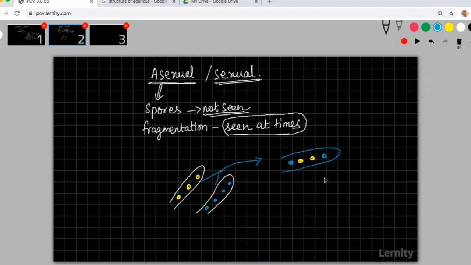I'm just telling you, just copy this diagram, I'll explain. It will try to form a dikaryon structure. You just copy this diagram, then you will understand it automatically.